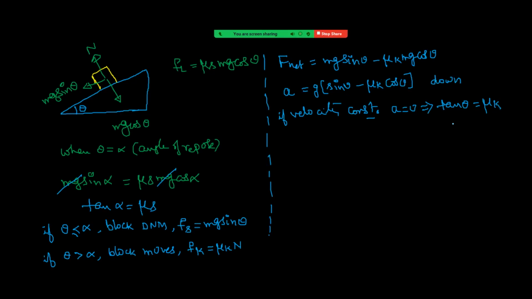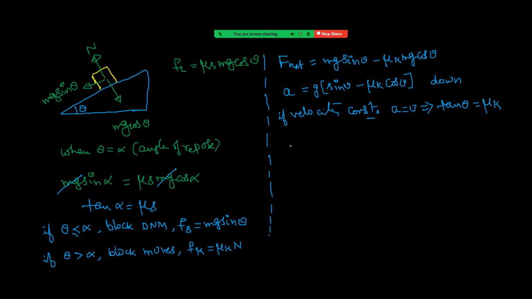That means we are given the coefficient of kinetic friction indirectly. Suppose you are given theta is 30 and the condition that the block is moving down with constant velocity. You have to understand that we are given the mu k value indirectly.